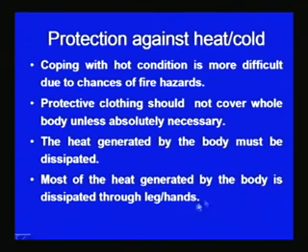Therefore, effort should be made that the legs and hands are kept open unless it is absolutely important to protect the whole of the body from extreme hot conditions.